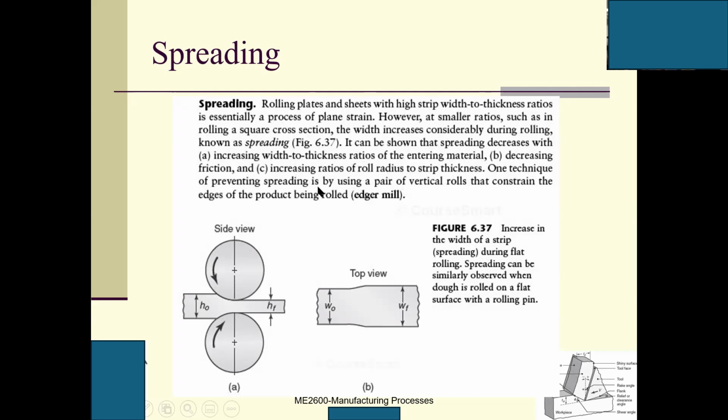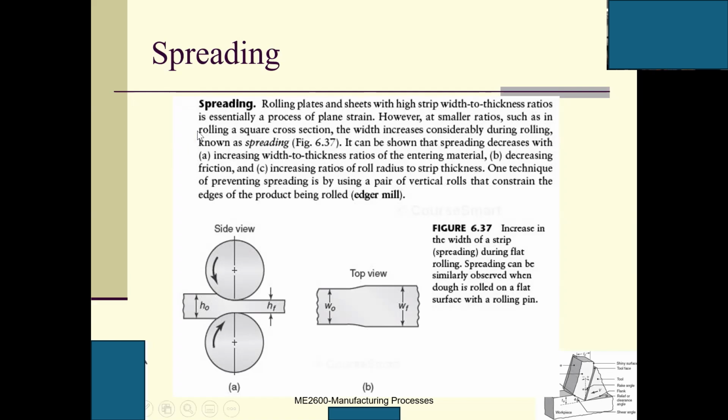Also, one technique of preventing spreading is by using a pair of vertical rolls that constrain the edge of the product being rolled. So this is called an edger mill. You need to use two other vertical rolls to constrain the edge of the product. This is called spreading.